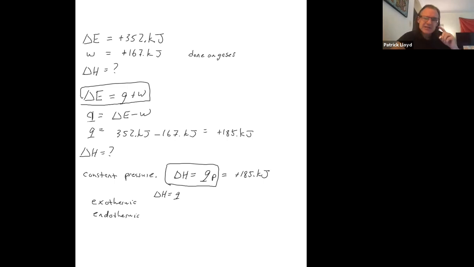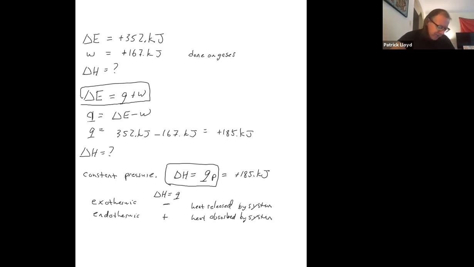And what we said was that if it's positive, it's endothermic. And if it's negative, it's exothermic, right? And this is the case where heat is released by the system. And this is where heat is absorbed by the system.